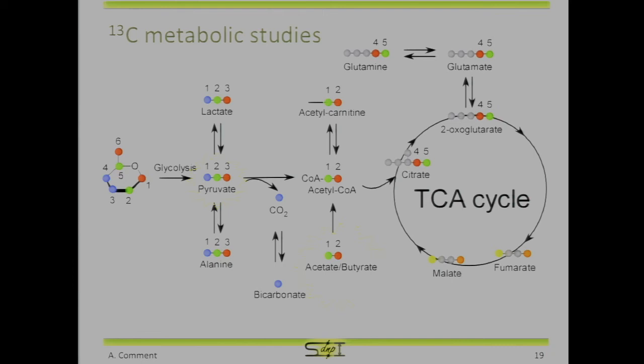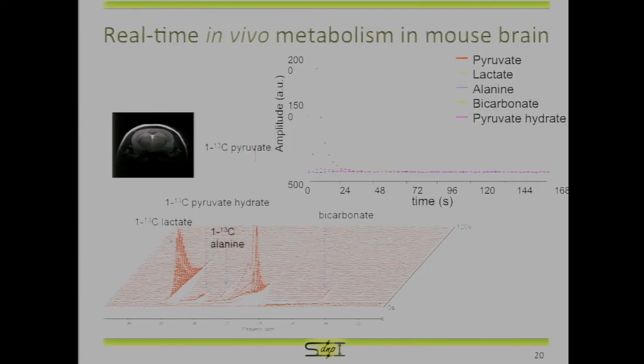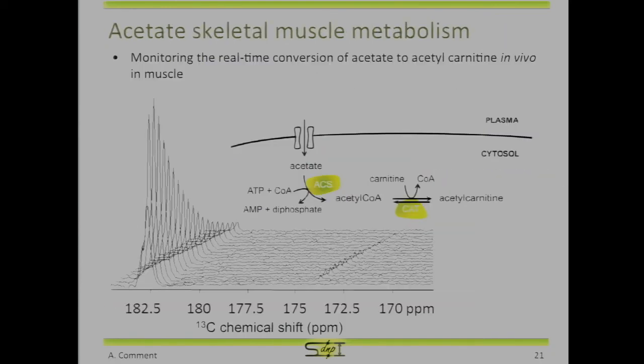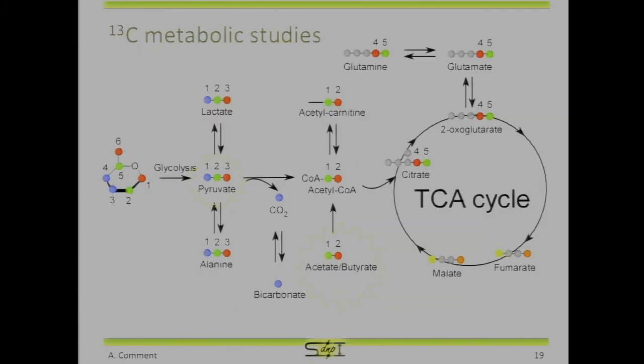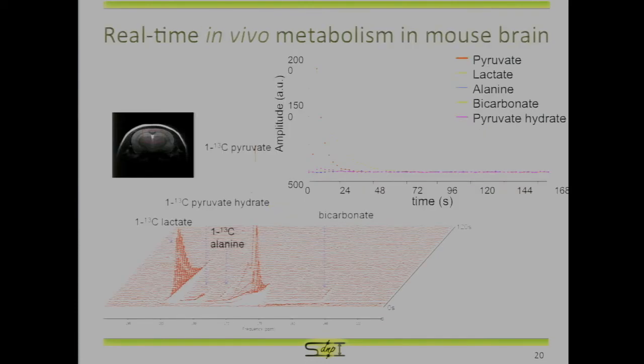I'm going to show you now a couple of examples. We're going to use pyruvate and acetate and butyrate. So I'm going to show what you can see with that. The most classical experiment, although you don't see it very well, the colors are not great, is to inject pyruvate.